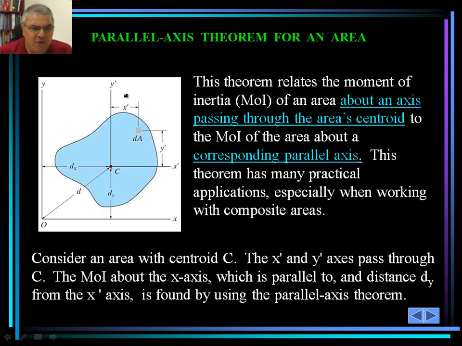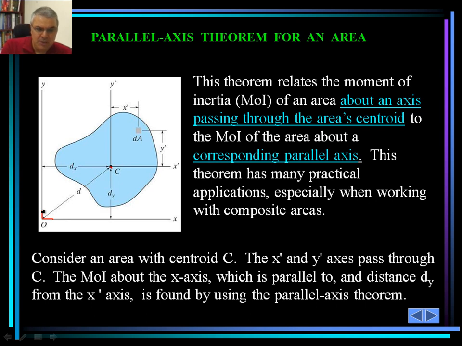So if we want to find the moment of inertia about the x-axis, not the x prime axis, but the x-axis, another axis that is shown down here. This is the beginning of x, this is the beginning of the y-axis. If we want to find the moment of inertia of this area with respect to another coordinate system that must be parallel to x prime, y prime, we call it xy.